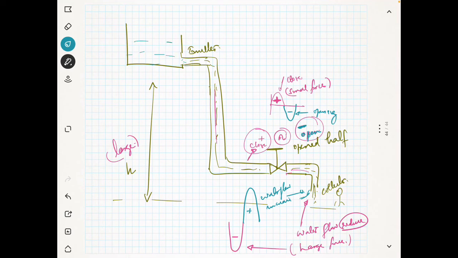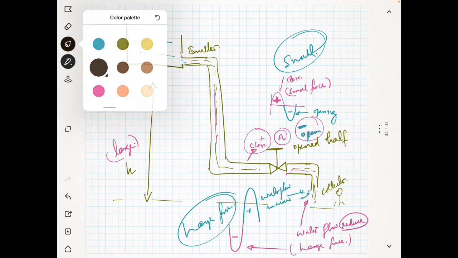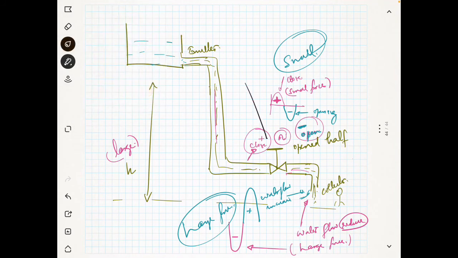But you know that since the water is coming from a large height, the pressure will be more. So if you use a small force here, you are getting a large force or large pressure at the output. You can consider this as your base.